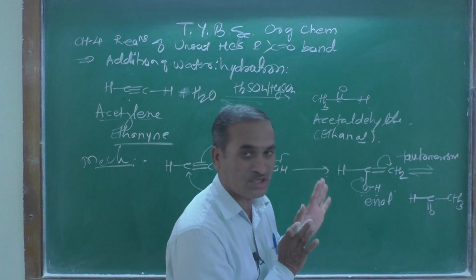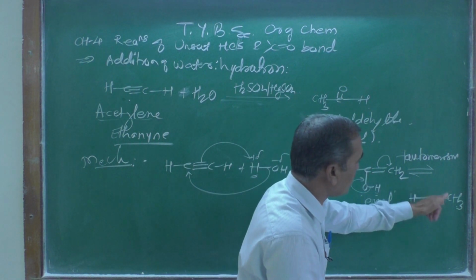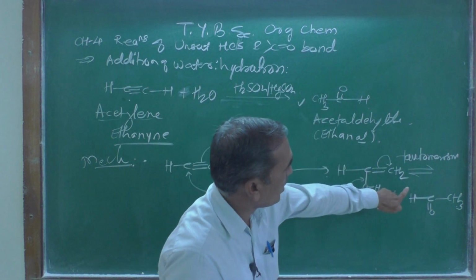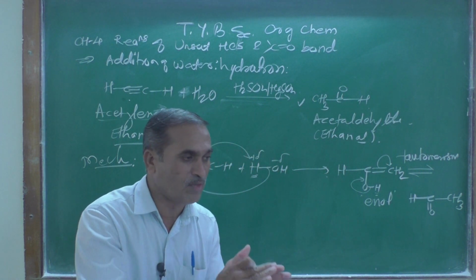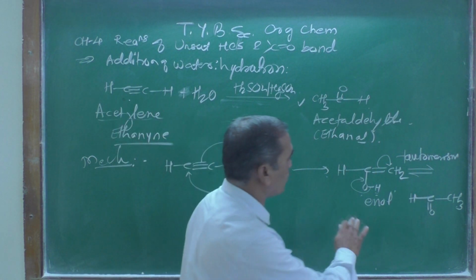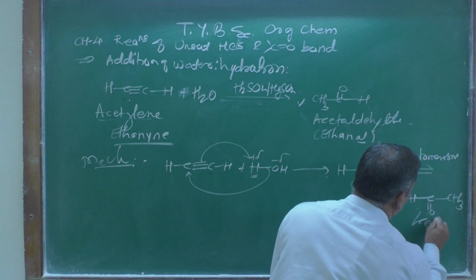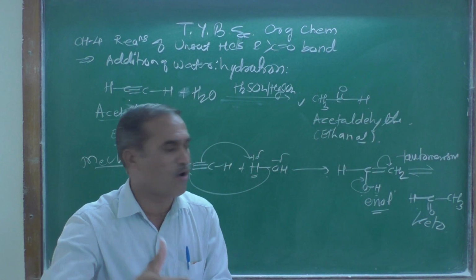Look at this structure carefully. This structure is nothing but our acetaldehyde. The equilibrium shifts toward the keto form. This one is called the enol form and this one is called the keto form, and these two structures are tautomers of each other.